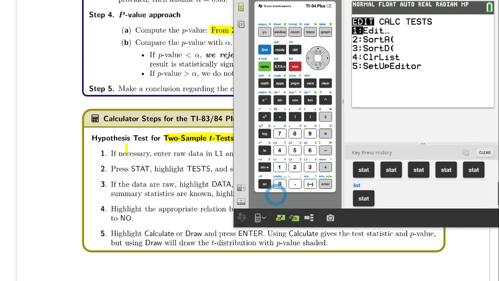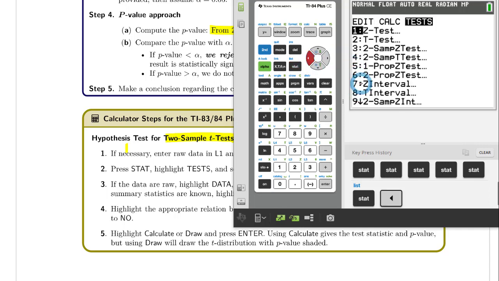Now number 9 is 2-SampZInt. You can see number 3 is 2-SampZTest, and then number 4 is 2-SampTTest. Chapter 9 was testing about one sample, and for two samples it would be number 4, 2-SampTTest.